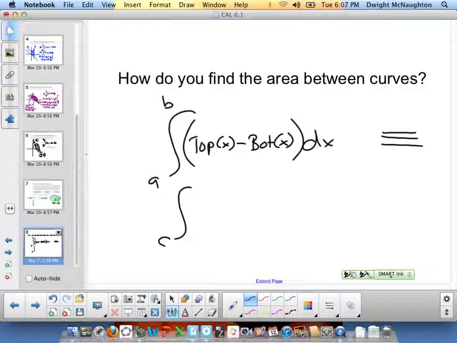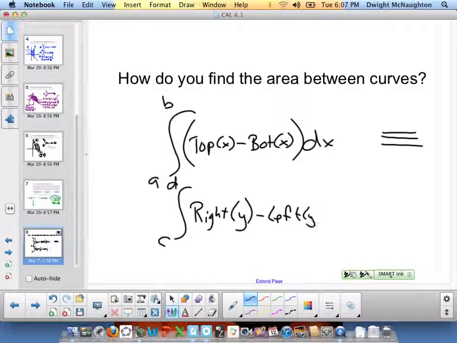If you do it sideways with respect to y, we'll integrate from the lower limit, which in this case will be down, to the upper limit, up. And here we're going to go right function in terms of y minus left function, because we want the upper numbers to be first, with respect to y.